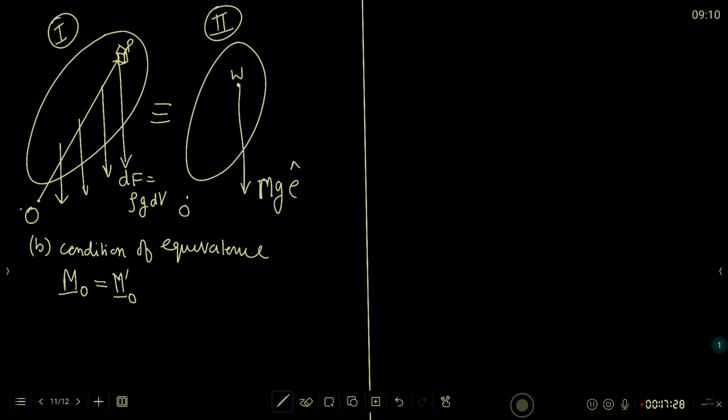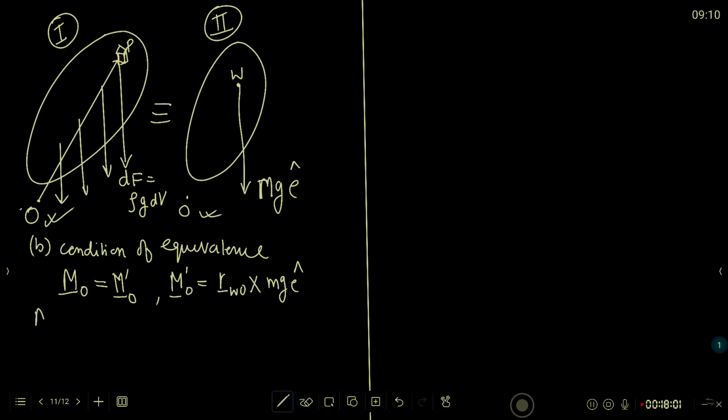That point I am choosing as O. Let's first write the right hand side. The right hand side is simpler to express. After all, there is only one such force acting, and the moment due to that force would be r_WO cross mg times E.